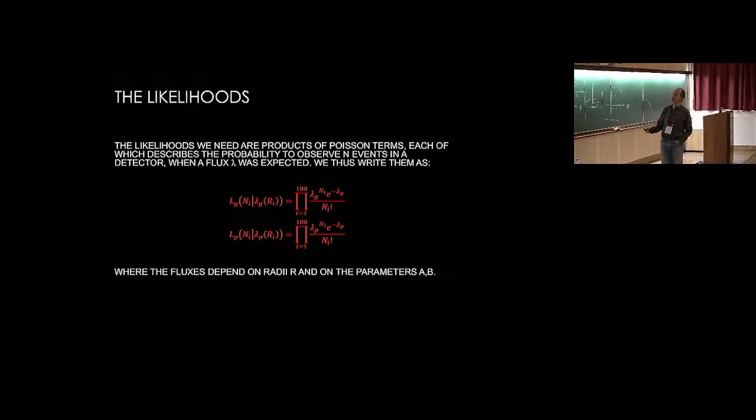So if you want, the likelihood will depend on R. So it will depend basically on x0 and y0, okay? And this will determine R, and this will determine the flux, and so the likelihood is a function of x0 and y0 through these lambdas.